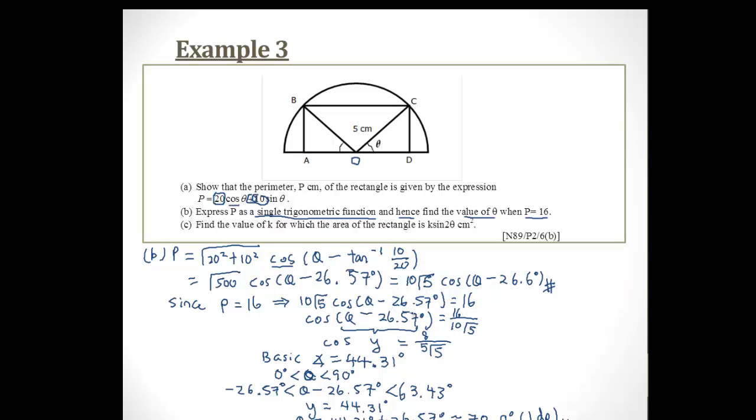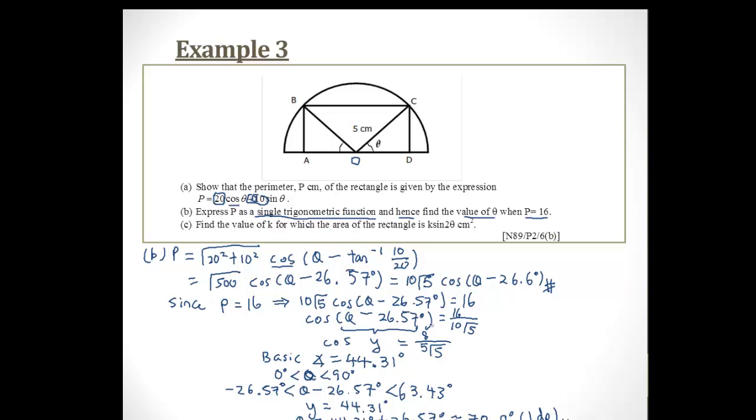If you take note, I've used the 2 decimal place angle for working. Now I divide both sides by 10 root 5. So I get cos of theta minus 26.57 degrees equals 16 over 10 root 5.